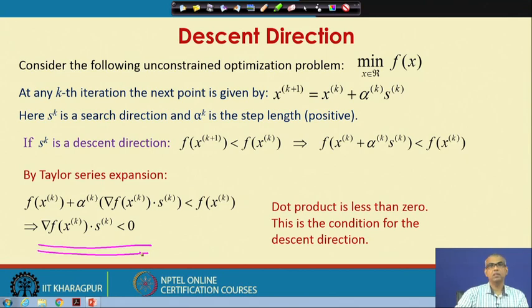Note that alpha, the step length, is positive. So, if s k is the descent direction, the dot product of the gradient of the function at x k with the s k must be less than 0.